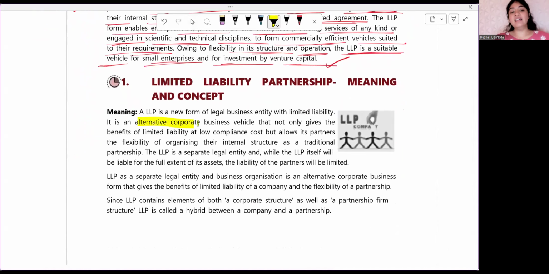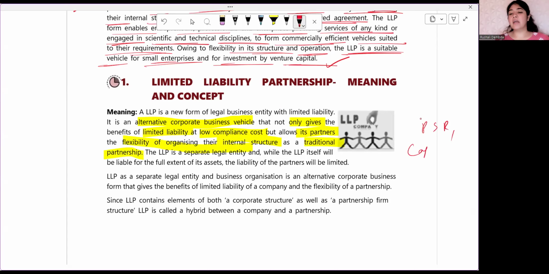Right? It is an alternative corporate business vehicle that not only gives the benefits of limited liability at low compliance cost, because if you form a company, the compliance cost is high. Compared to this, LLP takes less cost, but allows its partners the flexibility of organizing their internal structure as a traditional partnership. You can keep the internal structure as a traditional partnership, like you can have your PSR ratio, you can still maintain how much capital is to be contributed.